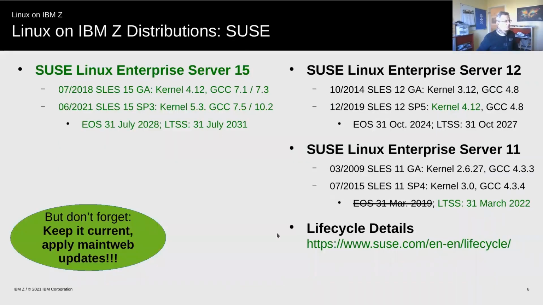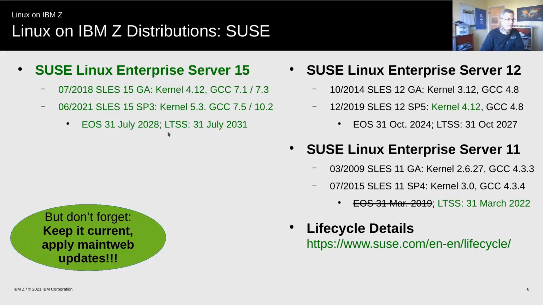The first one to check out is SUSE Linux Enterprise. Their current release is SUSE Linux Enterprise Server 15, released initially in 2018. For each of these releases, I've given you the regular support time frame. That's the same thing with pretty much every distribution out there.